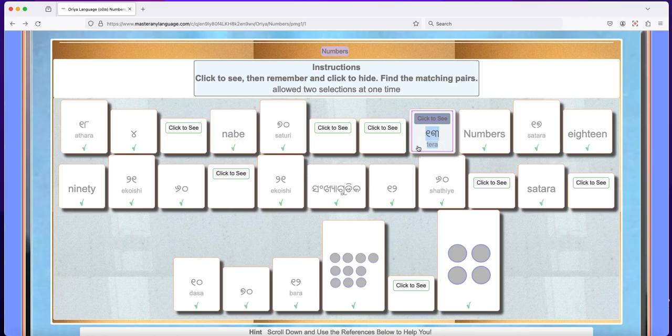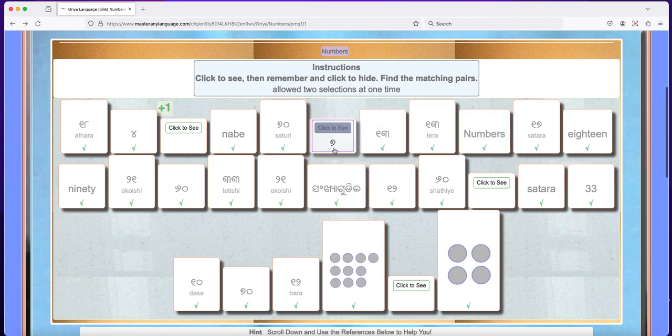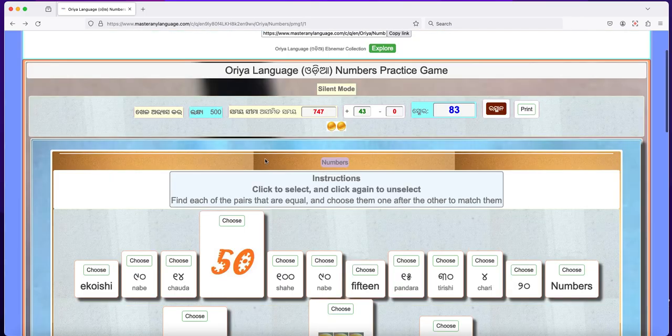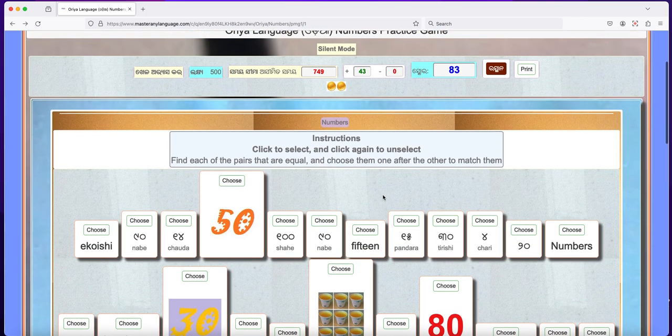And Tera. Oh, there's the 3. See, this is 3. That's why that's 33. This one is Tetishi. It's using the 3. So Tera is 13. It's right next to each other. And 7 is here. And that finishes that. Wow, we did it.